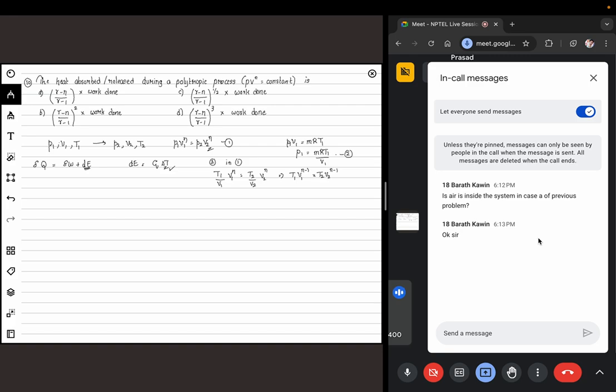So what is my delta E? It is Cv times T2 minus T1. T2 can be written as T1 times V1 by V2 to the power n minus 1, or we will stick to the normal. We'll just write Cv as R by gamma minus 1.